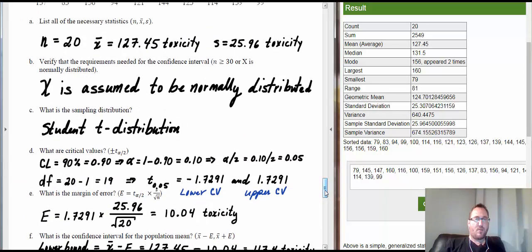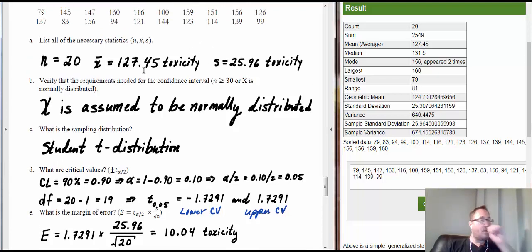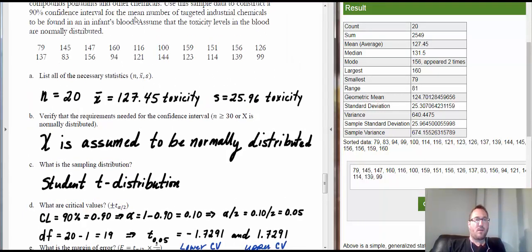So with that, going back over those rules stated in section 2.1 of the book, we'll come over here to part B. It says verify the requirements needed for the confidence interval. That is, the sample size is greater than or equal to 30, or X is normally distributed. So, of course, here the sample size is less than 30, so we have to know.